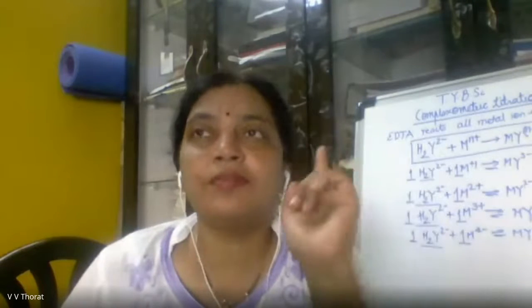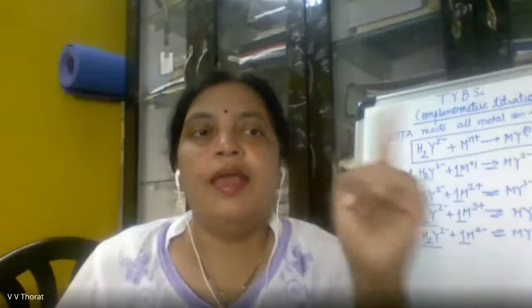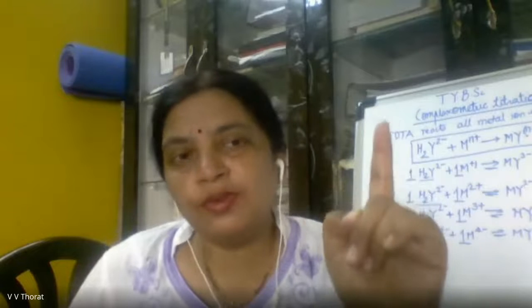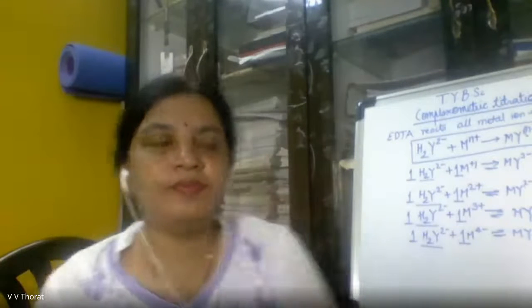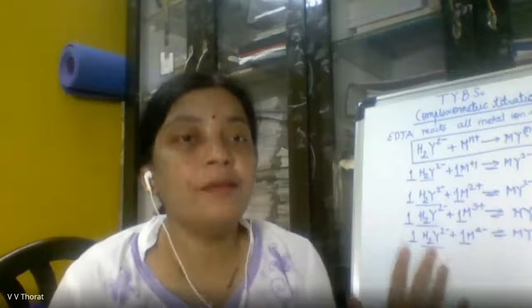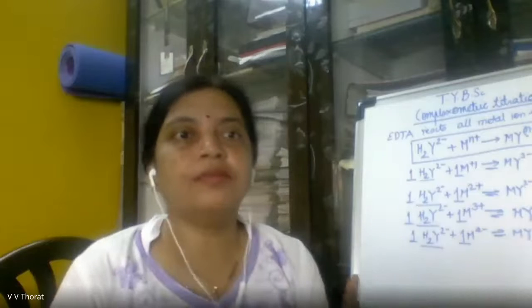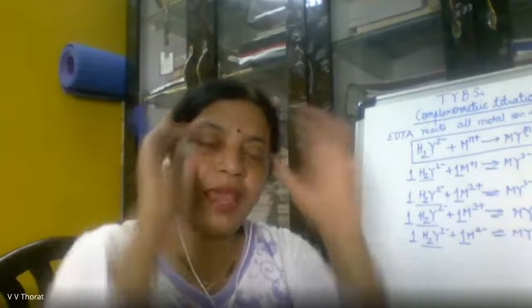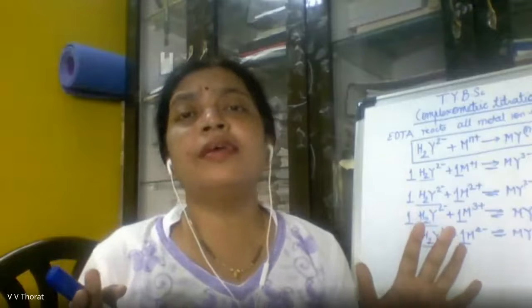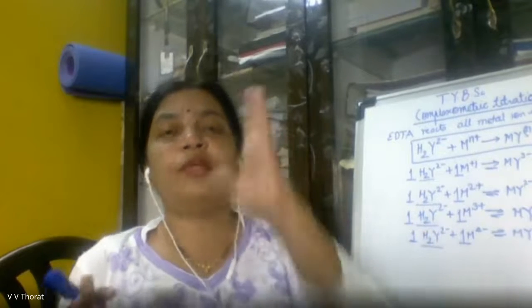EDTA reacts with Zn 2 plus in the ratio of 1:1 or 1:2. Yes, ma'am, 1:2. Wrong, Namrata. Wrong. 1:1. EDTA reacts 1:1. See, EDTA reacts with any metal ion in the ratio of 1:1.